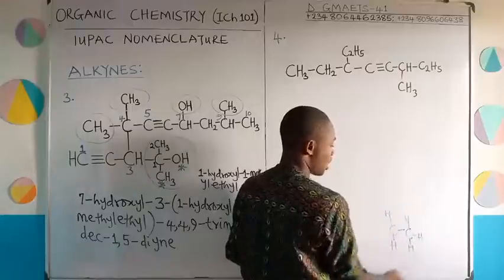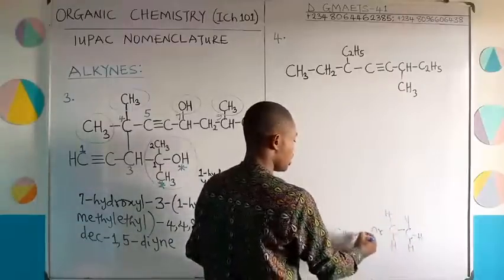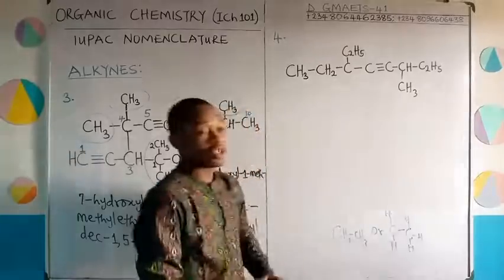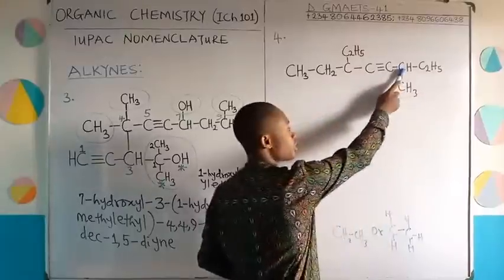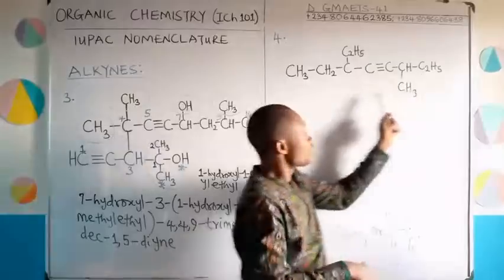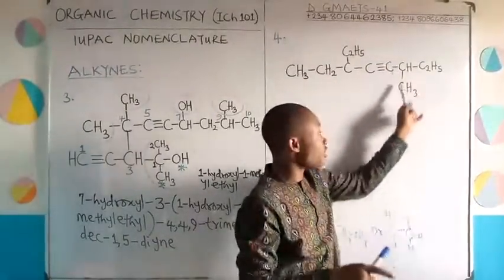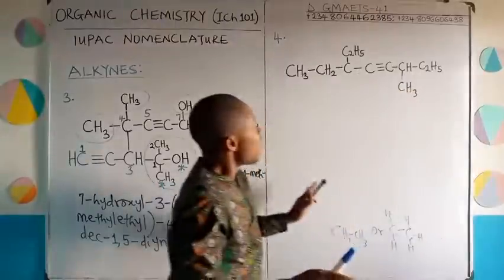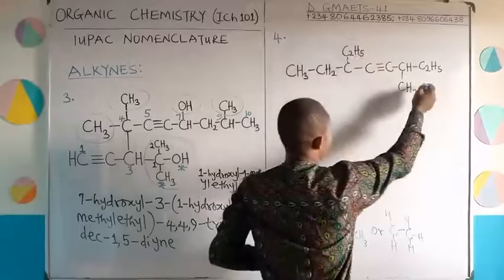It's still the same as writing CH2 and then CH3. So this is a continuation of the chain, and there are two carbons here. So if we have this as number 6, then this will be 7 and 8. So the longest chain is this straight chain, not this one. Take note, this is 7 and this is 8. Having said this, we see clearly that this is an attachment, and this is also an attachment.